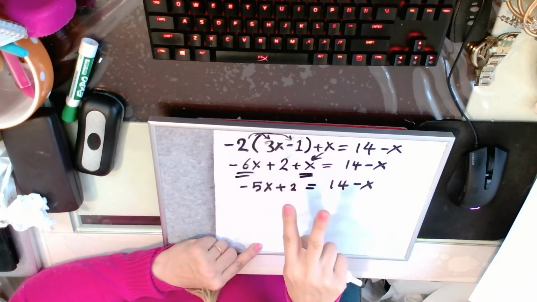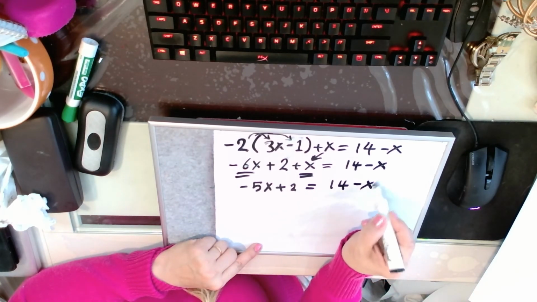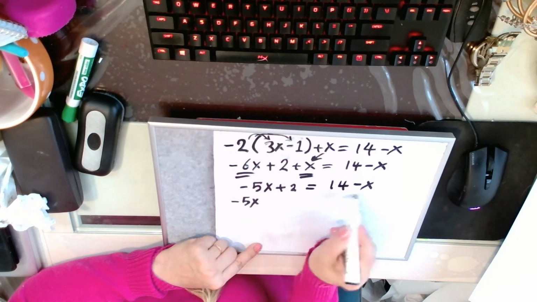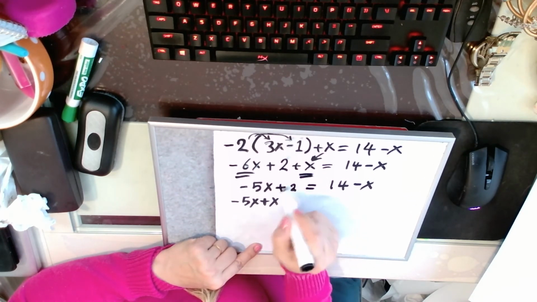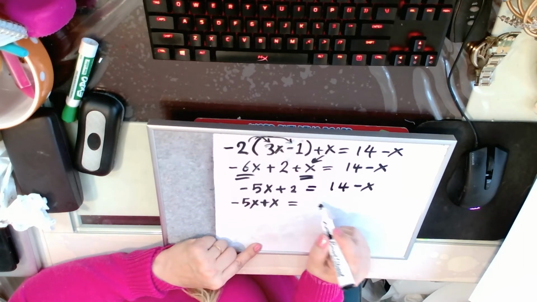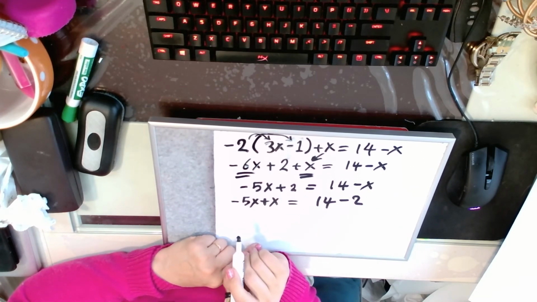You have 2 ways to do that, but I'm going to use my way. Just change the sign of minus x, move it to the other side, it's going to be plus x. And move 2 to the other side by changing its sign, it's going to be minus 2. That's it.